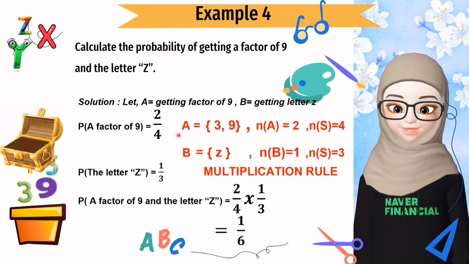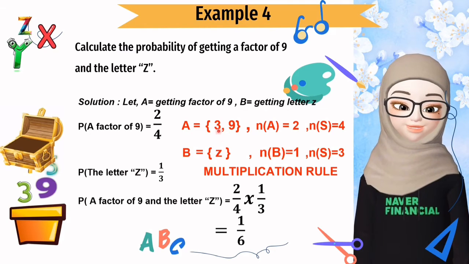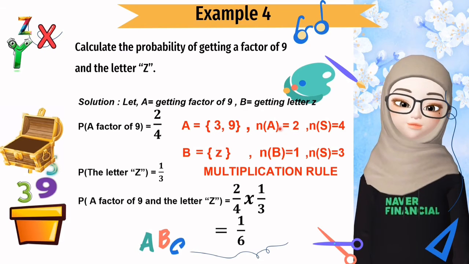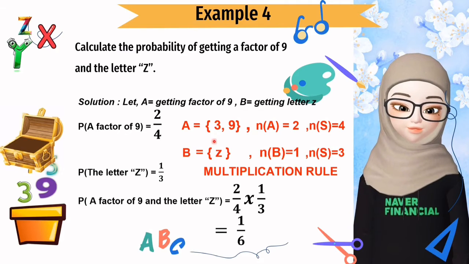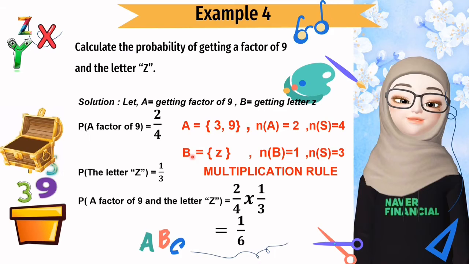So, how many outcomes for A? We have 3 and 9. So the number of outcomes is 2 and the number in the sample space is 4. Okay. And then how about B? We have 1 Z. So the number is 1 and the sample space is 3.